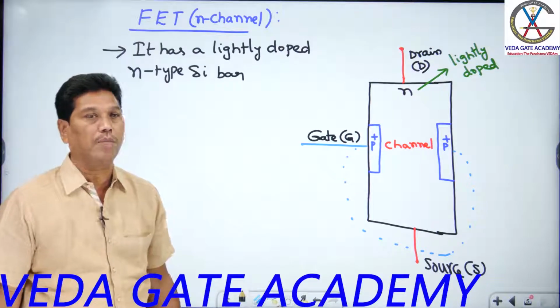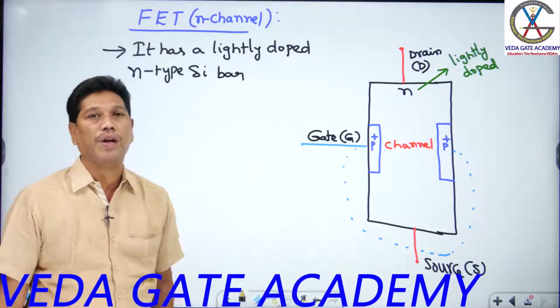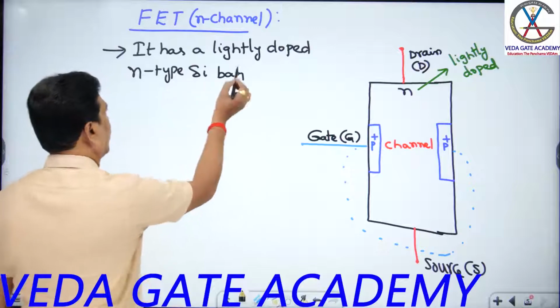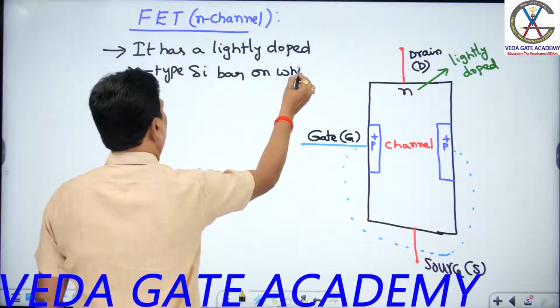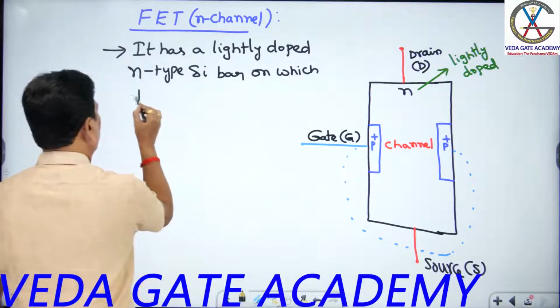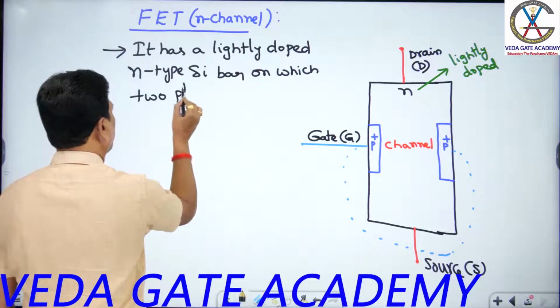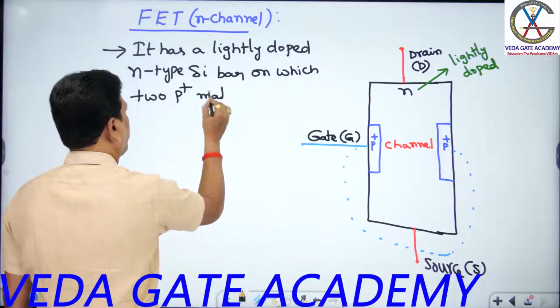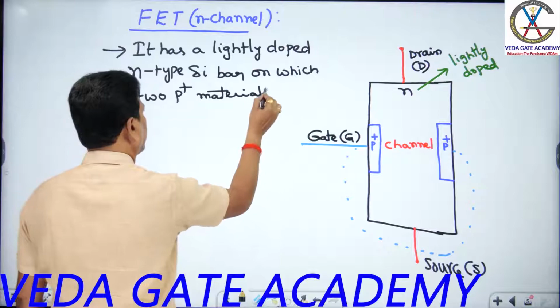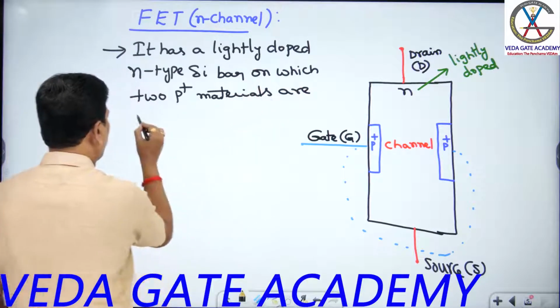What is the purpose of keeping it lightly doped, I can explain to you later in the working, students. It is a lightly doped n-type silicon bar on which 2 p plus materials you diffuse. P plus means highly doped p-type material, students.